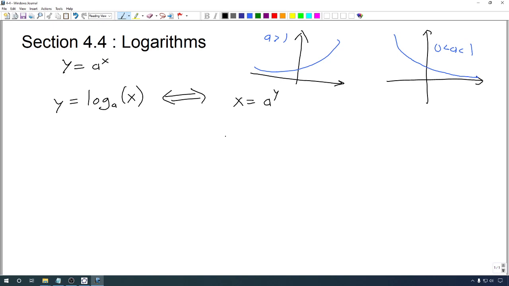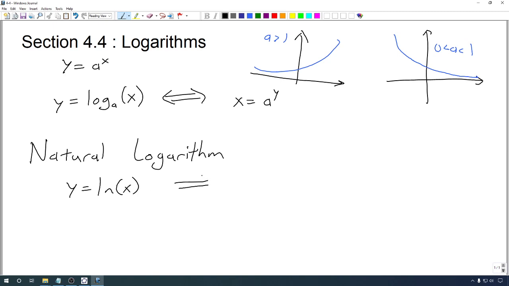We can do this with any base a where a is positive and not 1, but we're going to focus almost entirely on base e. We're going to get what we call the natural logarithm. It's a function y equals ln of x that means exactly the same thing as x is equal to e to the y.